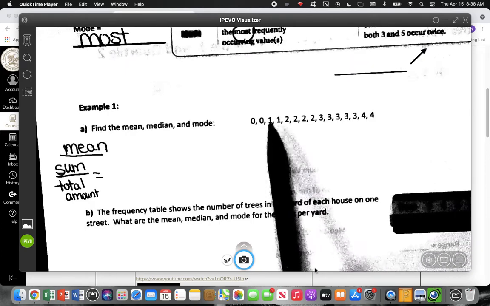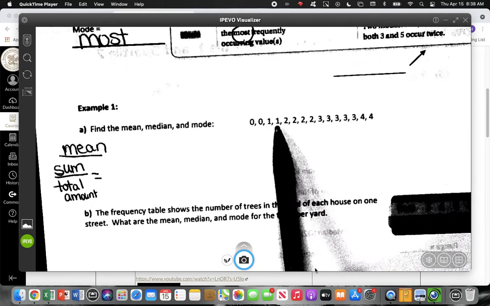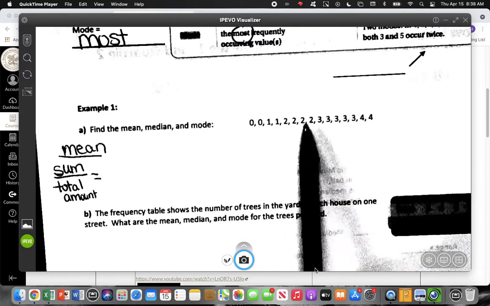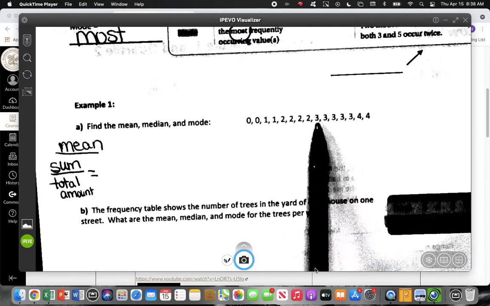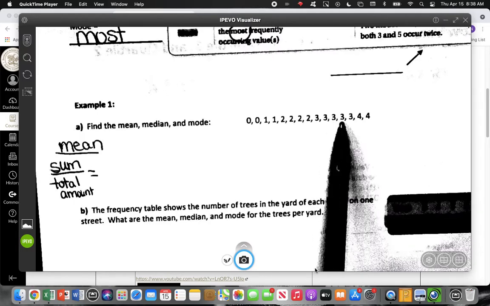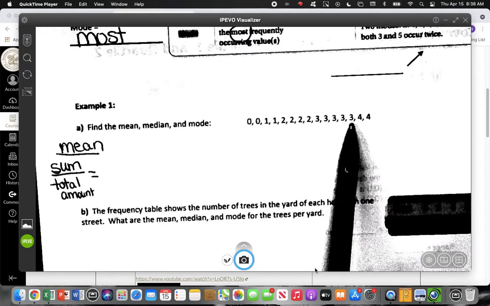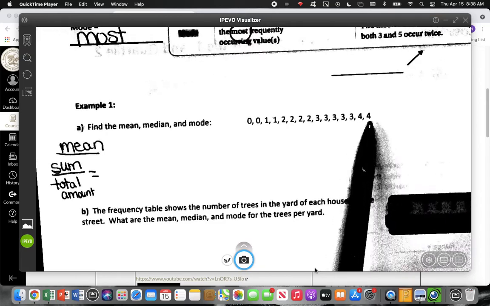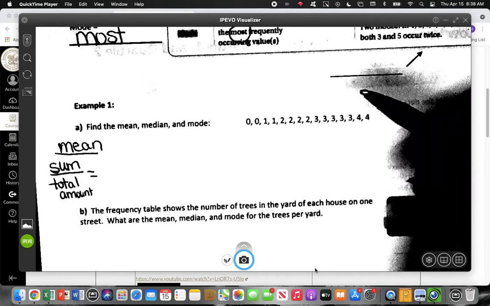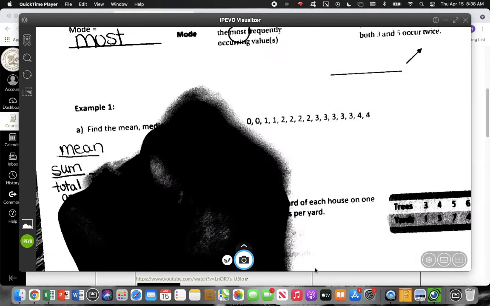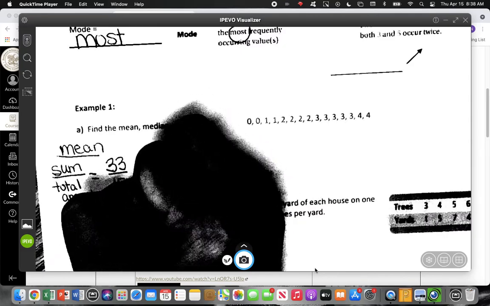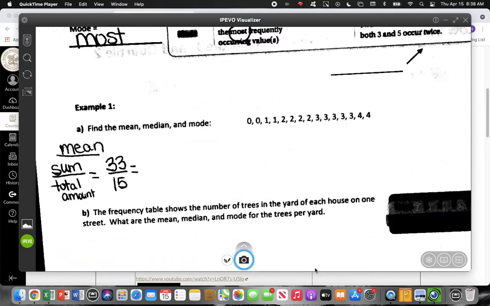So we've got plus 1 is 1, plus 1 is 2, and then 4, 6, 8, 10, I counted by 2s, 13, 16, 19, 22, 25, 29, 33. So when we add all of these together, we get 33, and then we divide by 15 because that's how many numbers there were in the set.